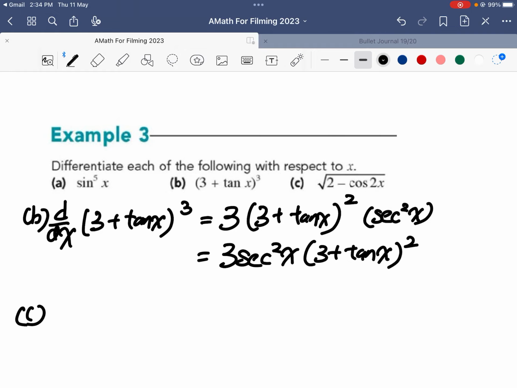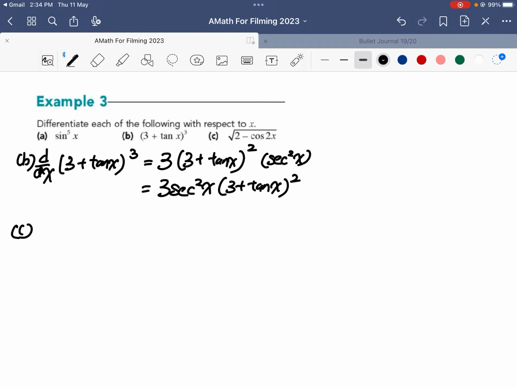Now for part C, part C might be slightly convoluted, but we can do this. Just pay attention to what we're doing with part C. So what we have here is 2 minus cosine of 2x, to the power of half. Slowly. First the half, we bring down the power, so we get half here.